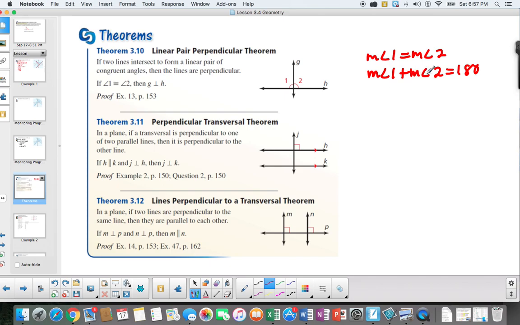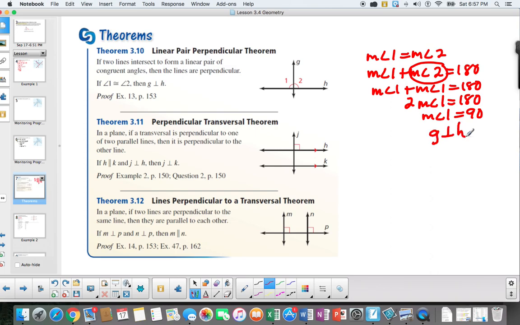And since they're both the same, I'm going to substitute, and I'm going to write measure of angle 1 plus measure of angle 1 equals 180. That means two of these angle 1s equal 180. Divide both sides by 2, and I get angle 1 to be 90. Once I establish that angle 1 is 90, then I know that G is perpendicular to H.